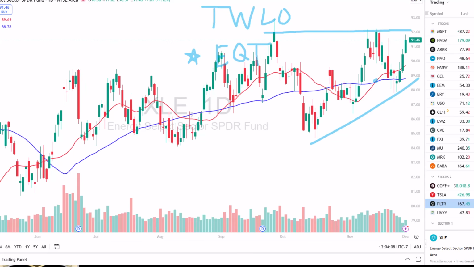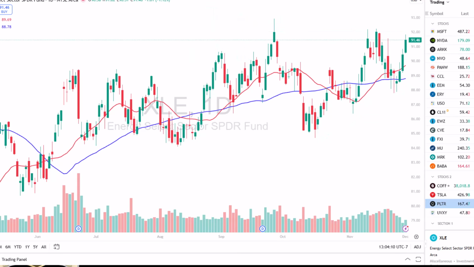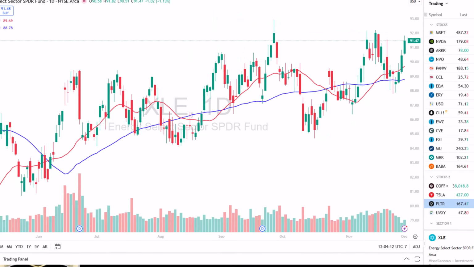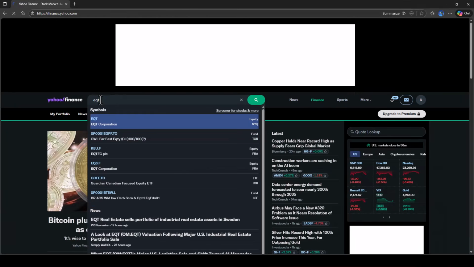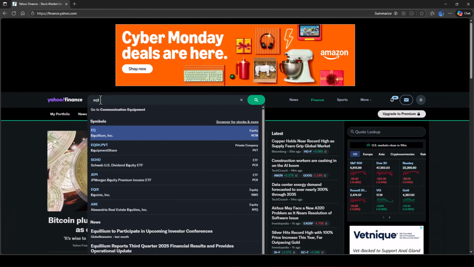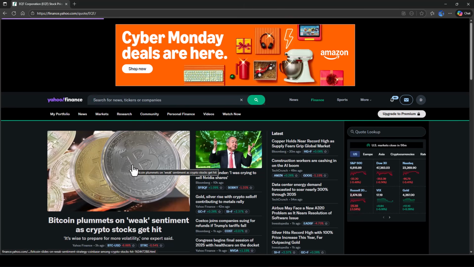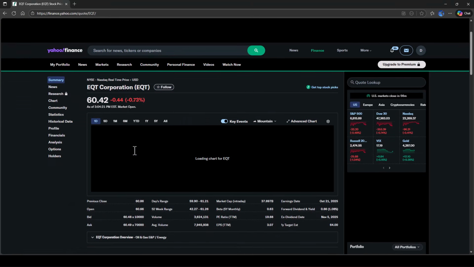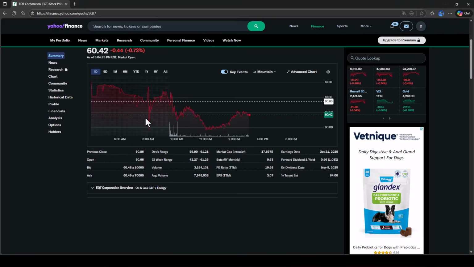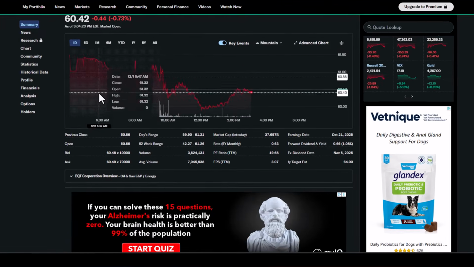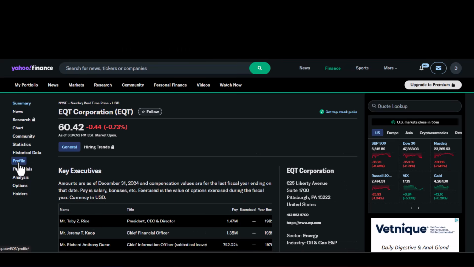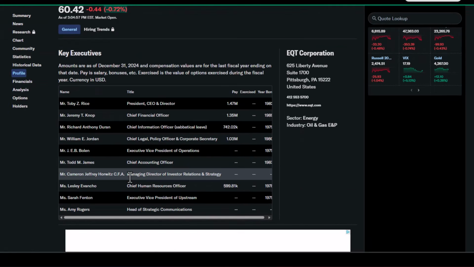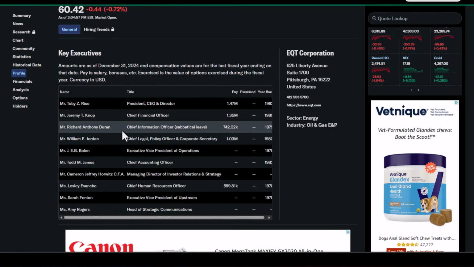What about Twilio? Well, now I'm familiar with EQT because I actually happen to own some EQT already. So let me just show you. It's actually one of the biggest natural gas producers in the world, and specifically here in the US. But maybe the best way to do this, just hit profile, and it'll tell us the profile of the company and a little bit more.